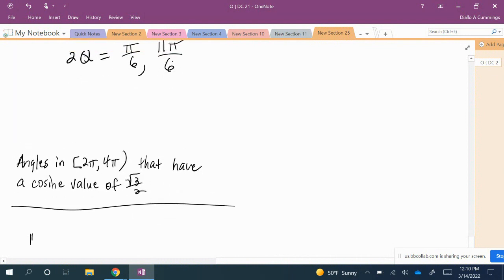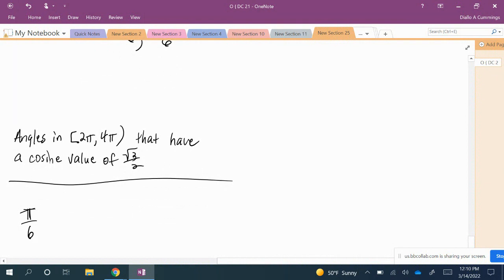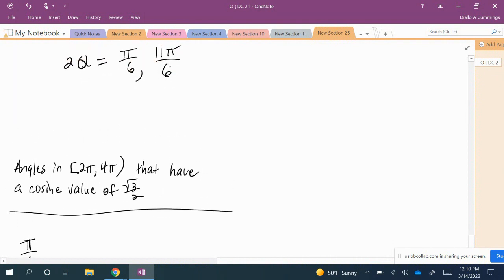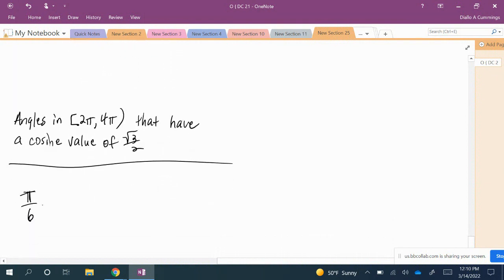I'm going to simply take pi over 6, because it has a cosine value of square root of 3 over 2, and add 2 pi radians to it. That would spin us around the unit circle and put us in the exact same spot. It would increase the radian measure by 2 pi, but the cosine value would remain the same.